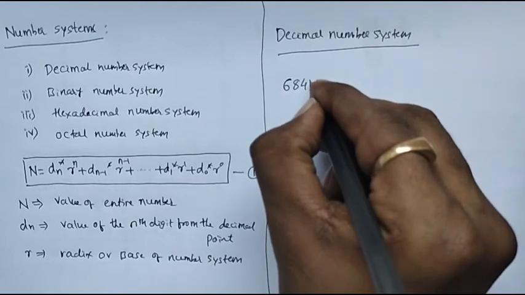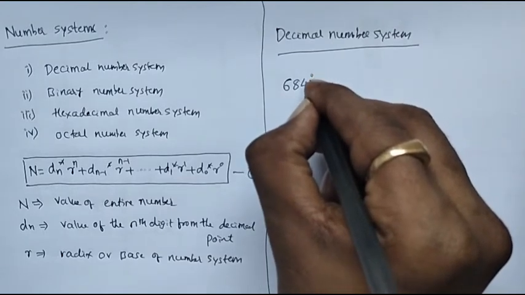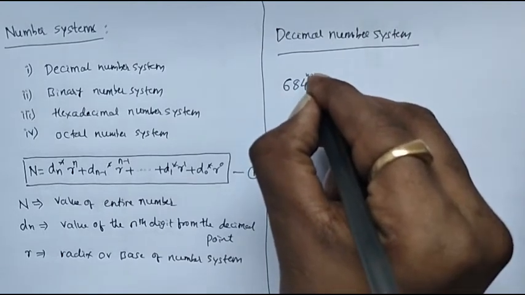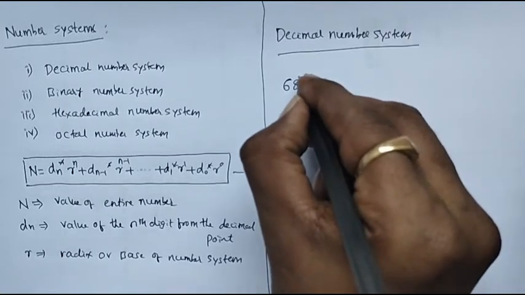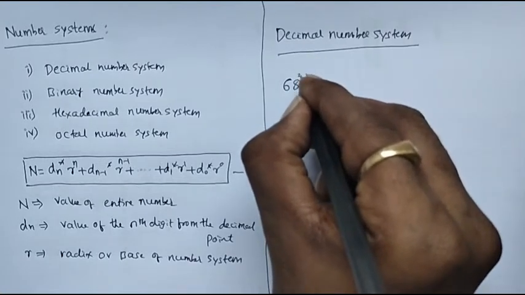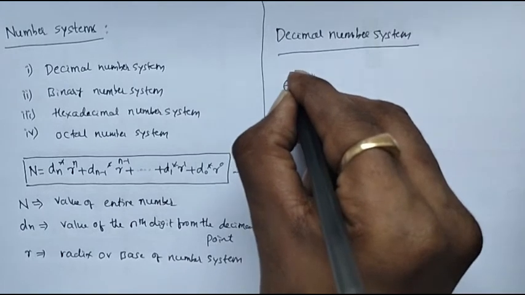At 0th position the number is 1, at first position the number is 4, at second position the number is 8, at third position the number is 6.